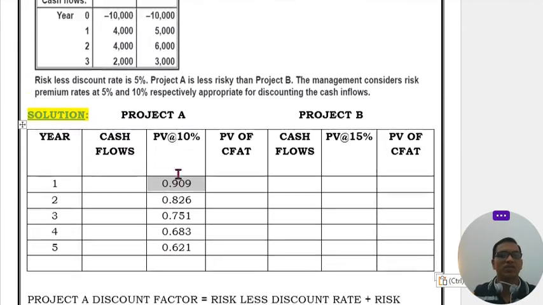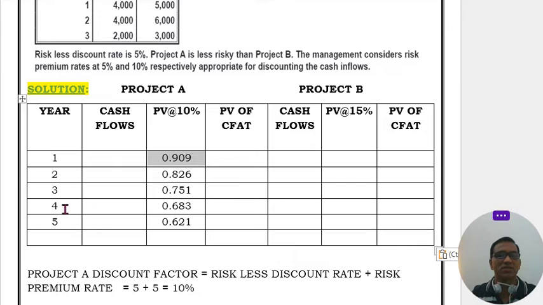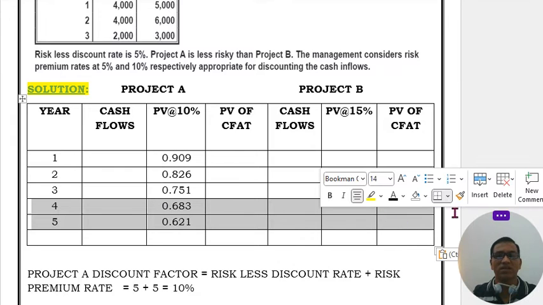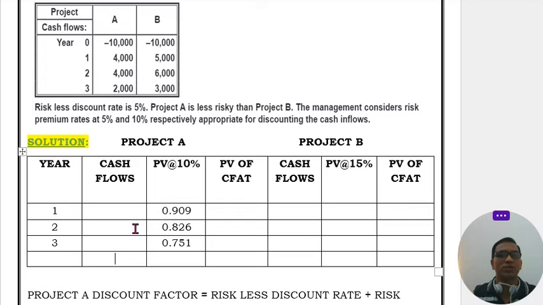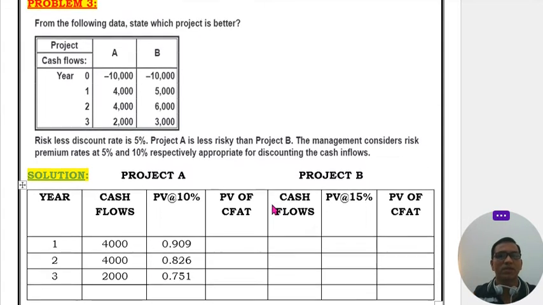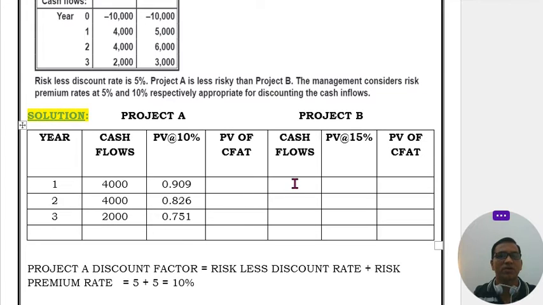And what about the cash flows? How many years is it? It is only for 3 years, 1, 2, 3. So very easy, you can calculate. Project A: first year 4,000, 4,000, 2,000. Project B: 5,000, 6,000, 3,000.